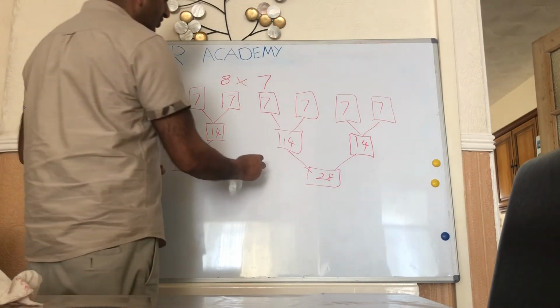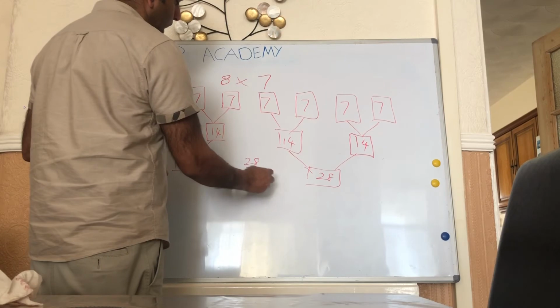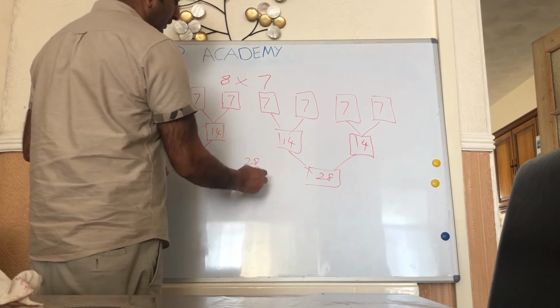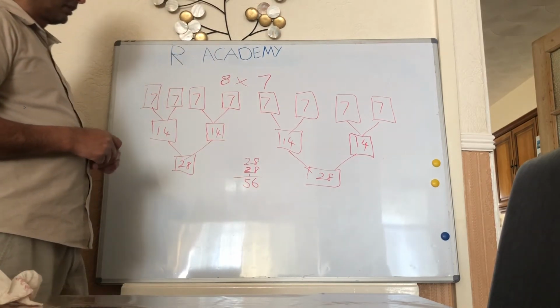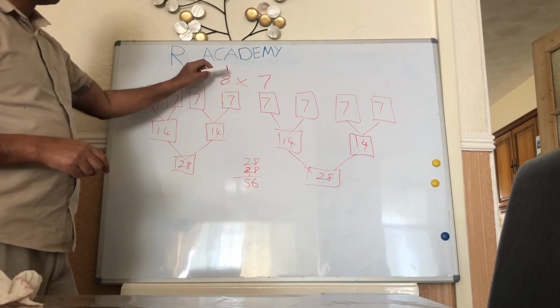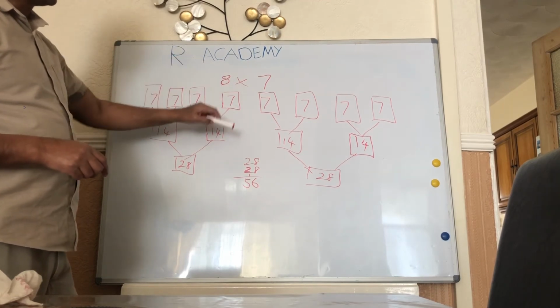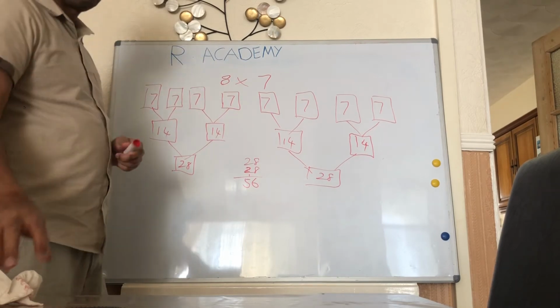Now you can just do addition, can't you? So 28 plus 28. 8 and 8, 16, 1, 5, 56. So as you can see, you've broken it down and logically worked it out, if you don't know your times table.